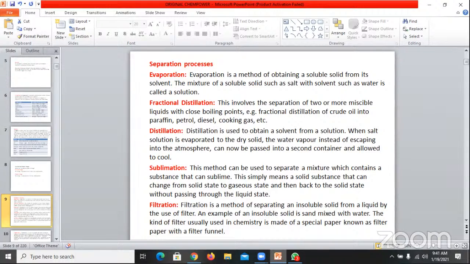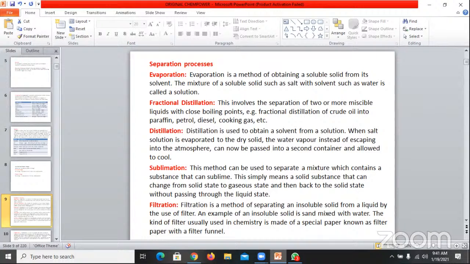So can you say an example of sublimation? An example of something that goes through sublimation. When you look at solids like sulfur, when you look at things like camphor, do you know this camphor that they use in the house?